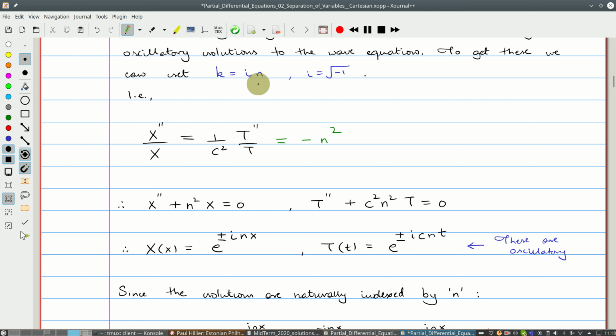So there's much more there that's needed, and I've given you an example here. So if you choose k is equal to i n, which effectively means we now have a negative constant, so these two parts, the x and the t part, are now equal to a negative constant, then we have solutions of the form e to the plus and minus i n x, and T is e to the plus and minus i c n t. Now these are oscillatory solutions, which might be exactly what you're looking for if you're trying to solve a wave equation.